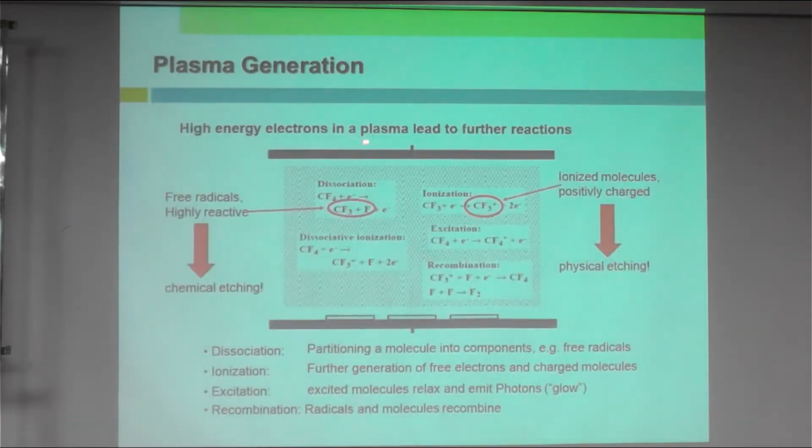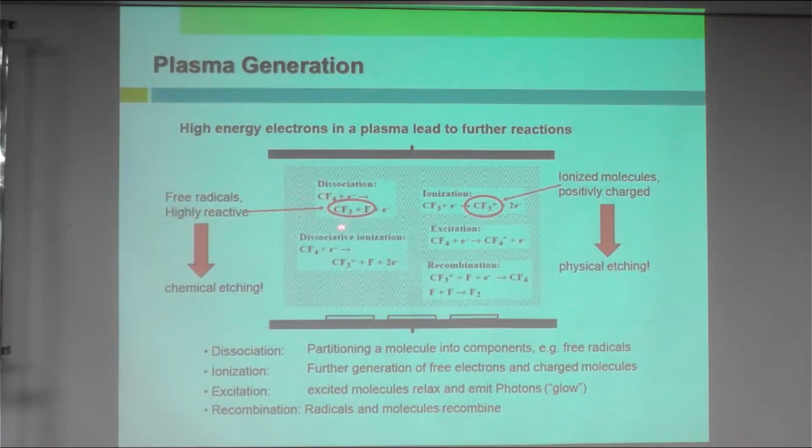High energy electrons in a plasma lead to further reactions. Because the plasma moves with high energy, it can do etching as well. It's kind of bombardment: you are shooting ions at the material to remove it. It can be considered as force machining as well.